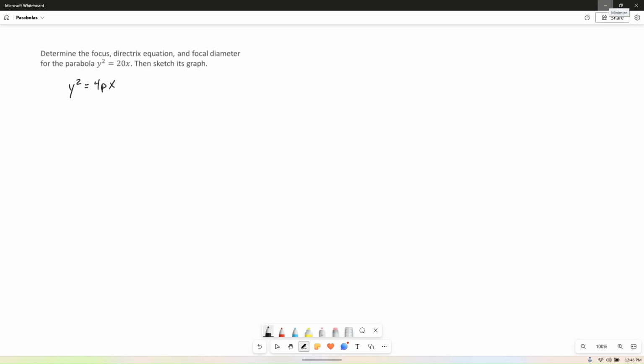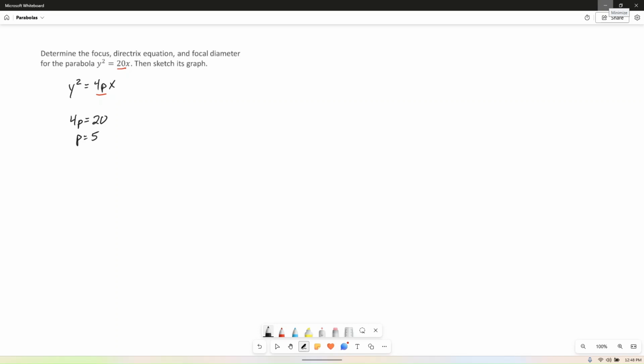And so if we look at our standard equation here, 4px, that 4p has to correspond to the 20 that's in our given equation. So y squared equals 20x versus y squared equals 4p times x. So that means if we connect those together, we'll have 4p is equal to 20. If we divide both sides by 4, we will get that p is equal to 5.